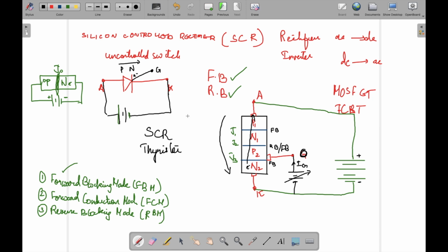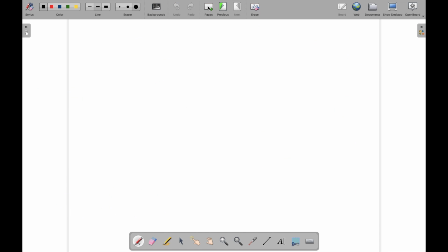Now moving on to reverse blocking mode. So let us again draw the construction of an SCR.